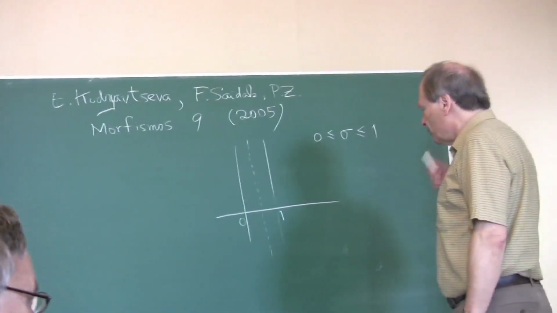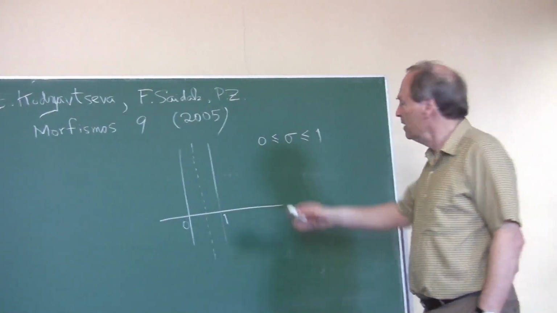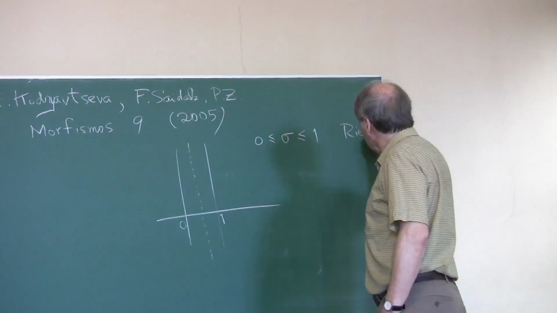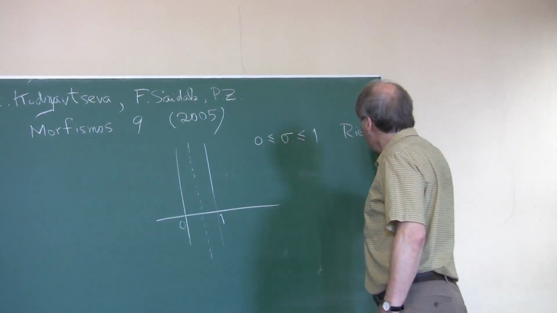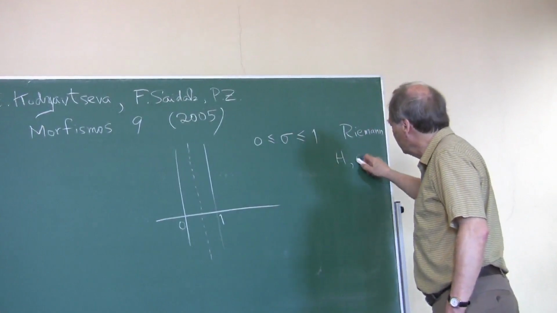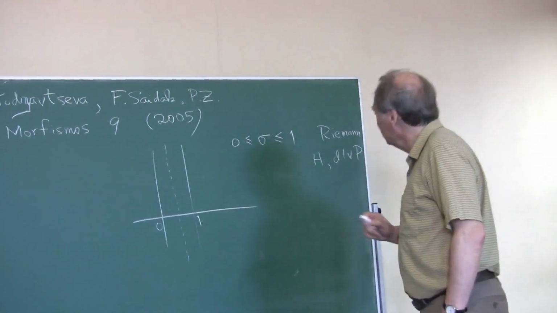The crux of the prime number theorem, and the way they succeeded in proving it, was by improving this result. So this is Riemann, and Hadamard and de la Vallée-Poussin.